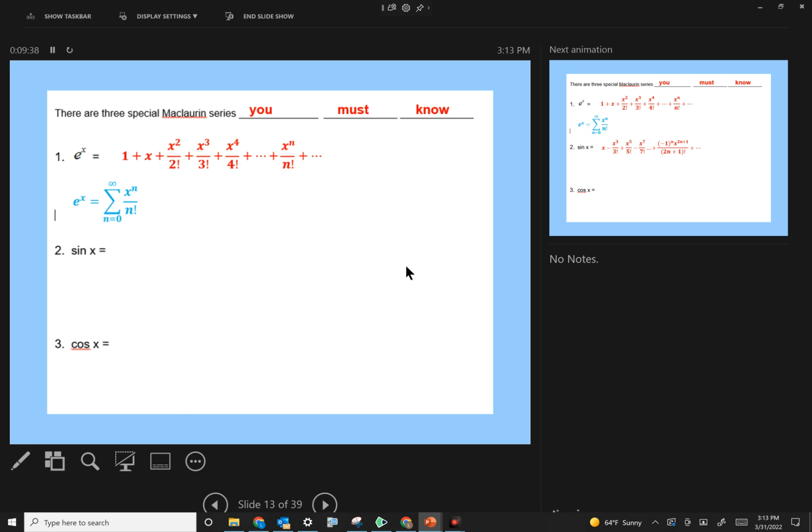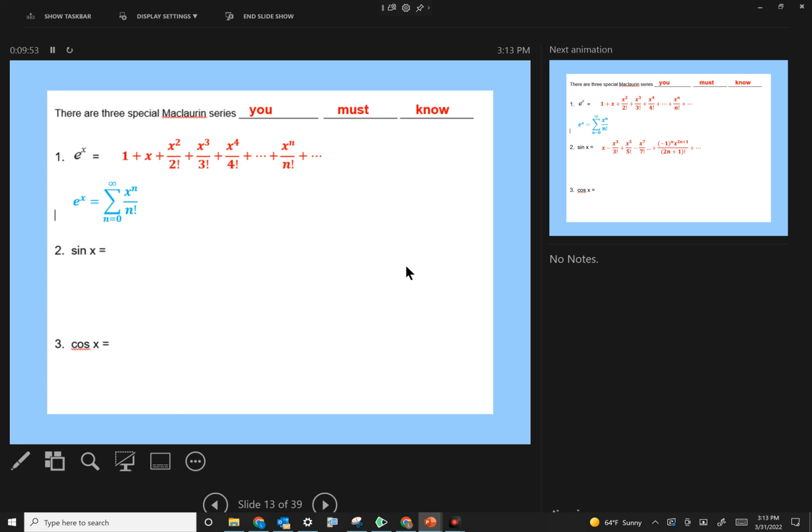So for e's, it's nice because it's just right in a row, right? You start at 1, and then it's just x to the first, x to the second, x to the third, x to the fourth, and same factorial. So that's kind of easy to remember, don't you think?